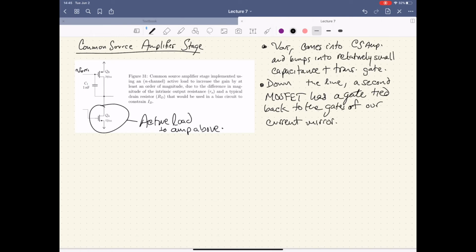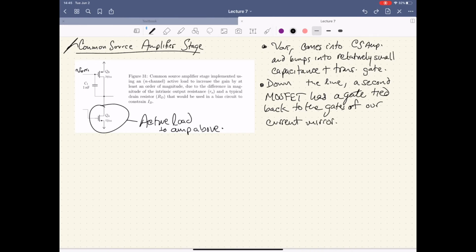Okay, so you can actually redraw this almost entirely using the simplistic example we had of the common source amplifier, back when we did that lecture number 5. So this would be our, I forget if I called it RD or RL, but this would be that active load that you can pop in there, and you're good to go.